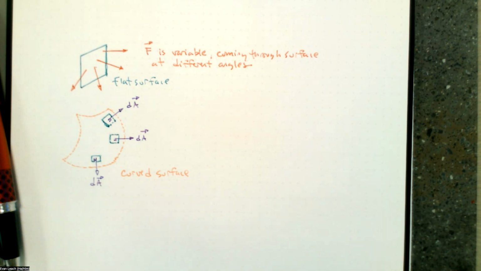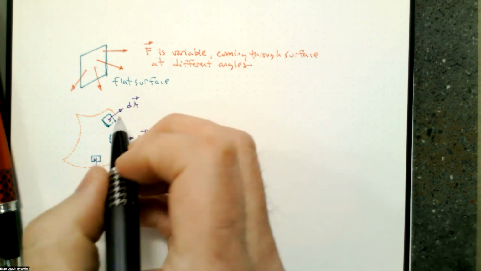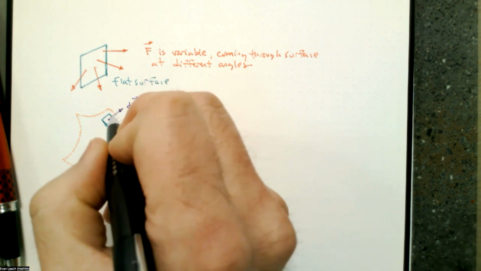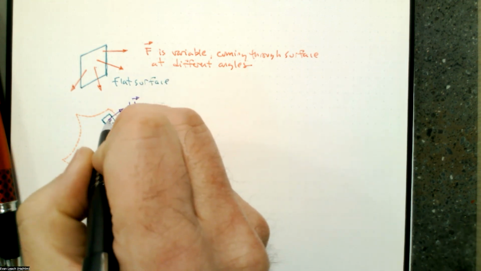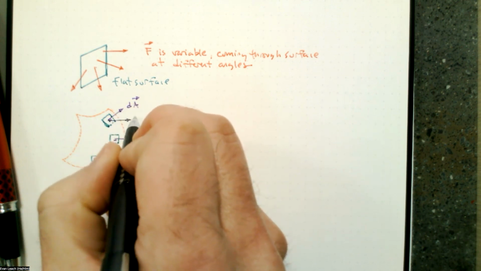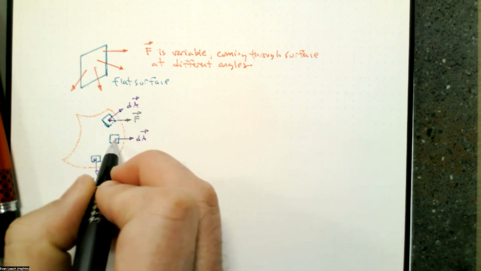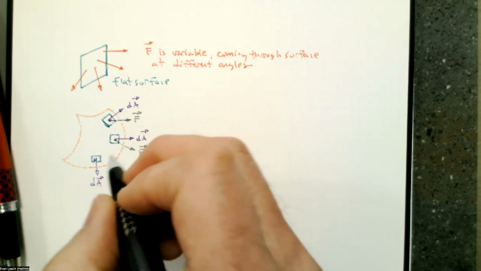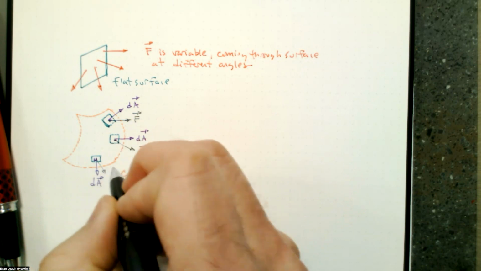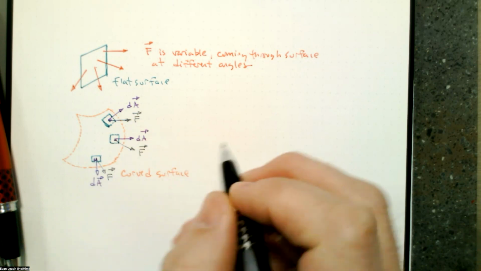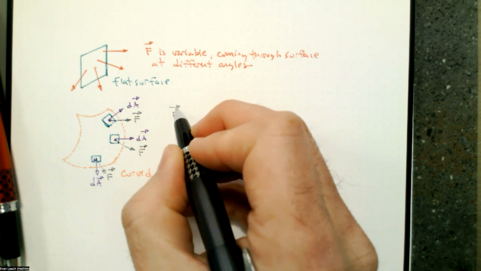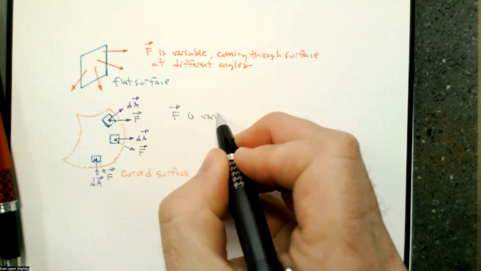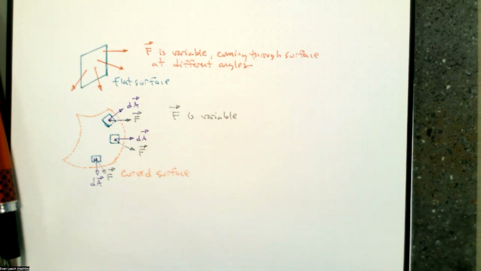And then at each of those points, I've got the vector field doing its variable thing as well. So the vector field is variable and the surface is curved.